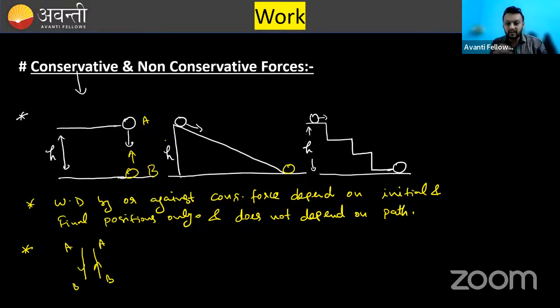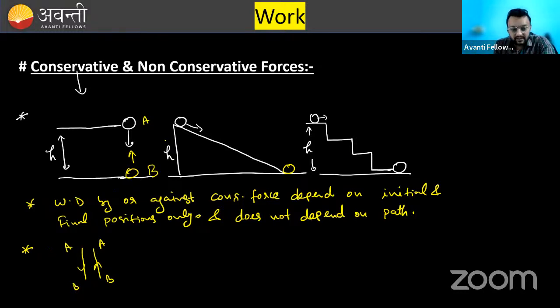The entire trip is ABA. Can you say that the initial and final positions are the same? If initial and final positions are the same, then work done will be 0.